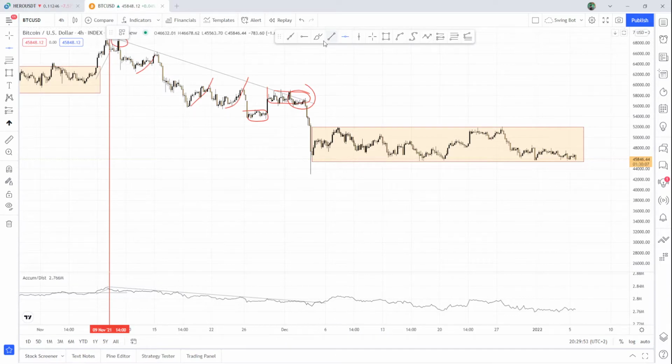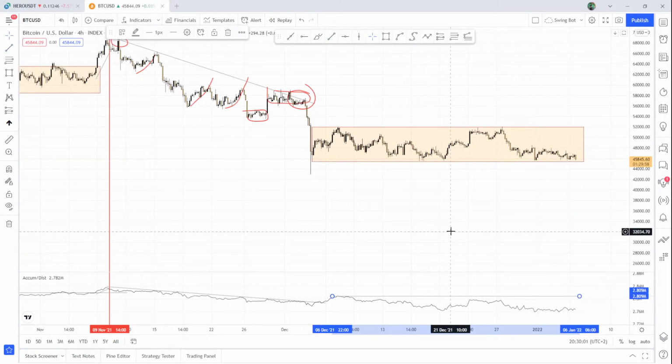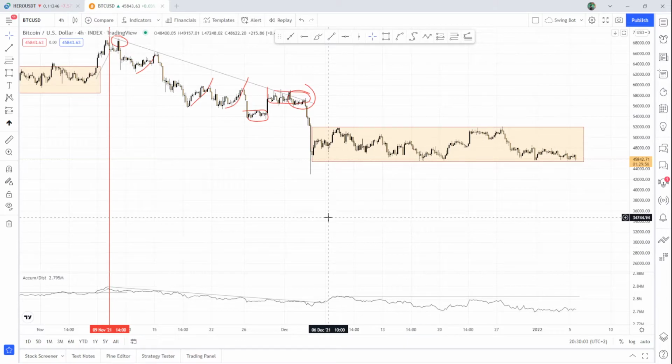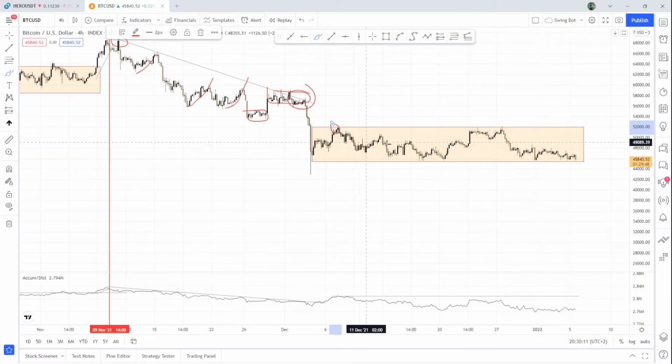So you can draw a line on this resistance, on this top, sorry, like this, okay, and this is your top. So you can actually short every time it reaches the top, okay, and you look at this.